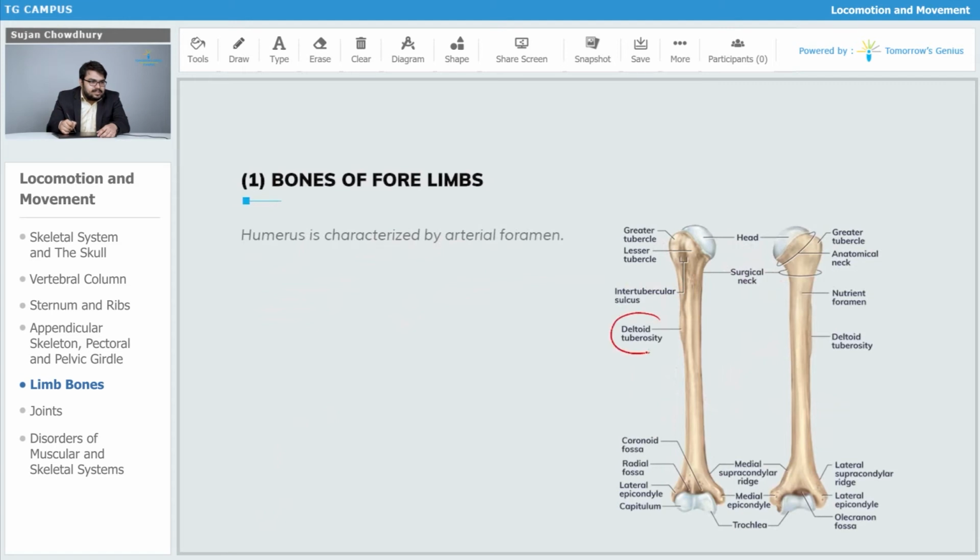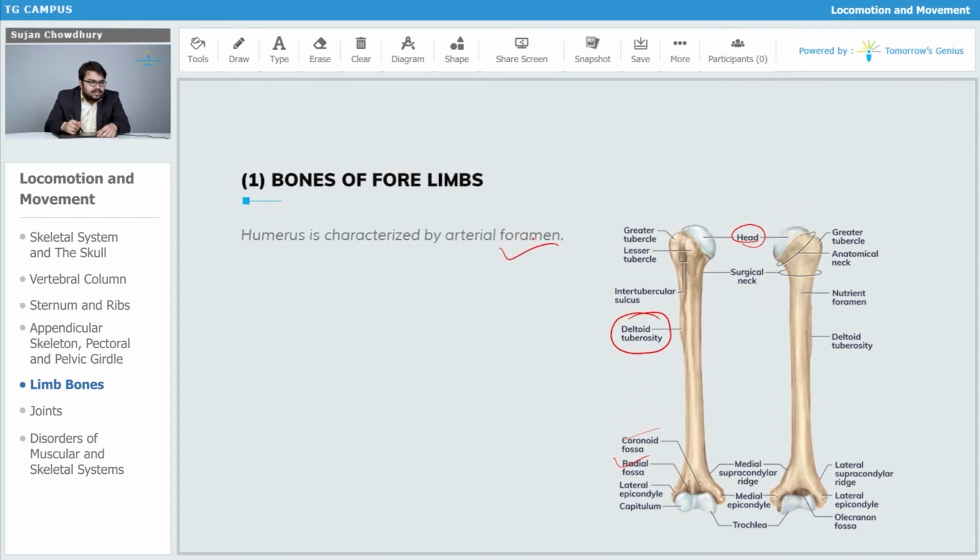As we can see, there is the deltoid tuberosity for attachment of muscles. There are the fossae present here, the radial fossa, and this is the head which is connected with that of the scapula. Now the humerus is characterized by an arterial foramen.